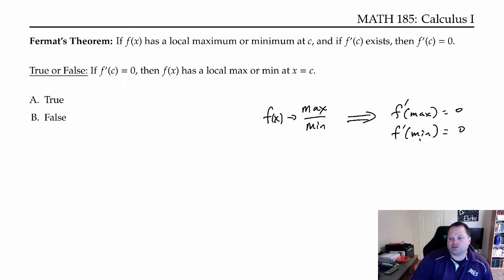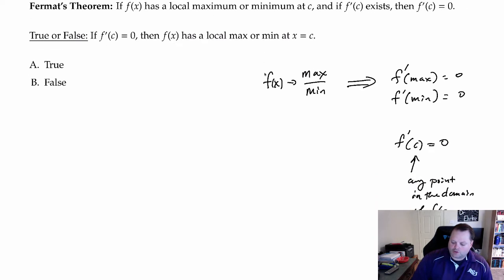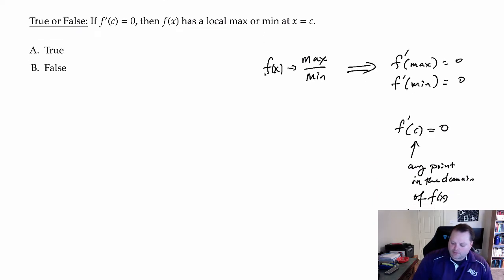Now the question is, does it work in reverse? So this is the true-false question I'm asking here. In other words, if I have a point, so this is just any point in the domain of f, which means that this is a critical point.